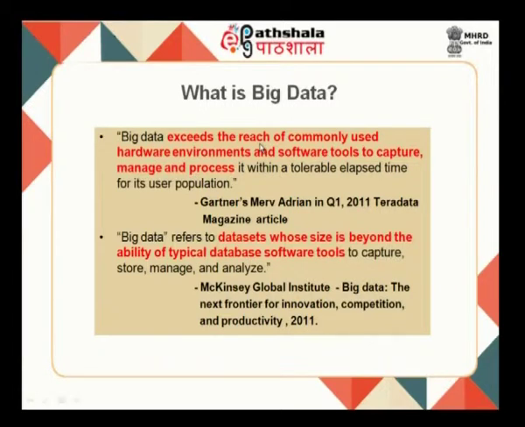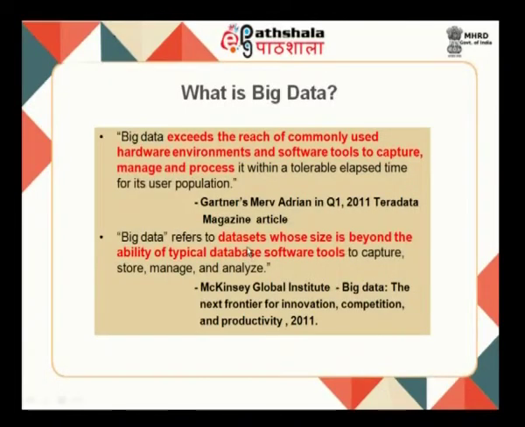This definition is provided by Merv Adrian in Teradata magazine article. So, what exactly this definition says is the big data exceeds the commonly used hardware environment and software tools. What do you mean by it? Normally available or traditionally available hardware and software tools cannot handle the data. This is what you mean by big data.